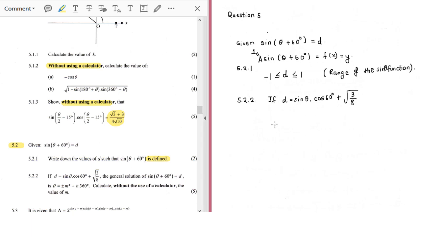So in other words, when we have this equation, sine of theta plus 60 degrees equal to d, and we're now given some expression to assume for d, sine theta times cos 60 degrees plus the square root of 3 over 8, they're saying that when we have this situation, the general solution is such that theta is equal to plus or minus m degrees plus n 360 degrees. We need to calculate, without using a calculator, the value of m.